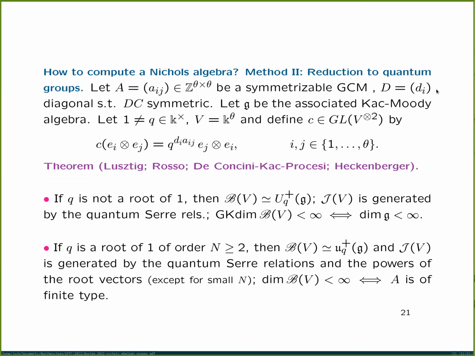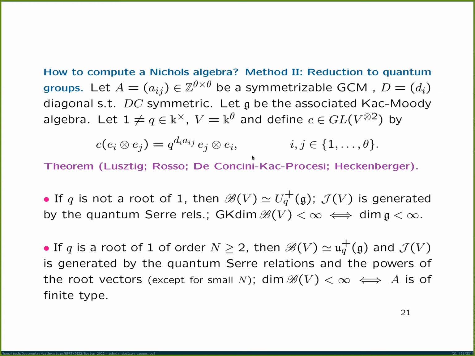And I take q, a scalar which is not 1. V is k to the theta, where theta is the size of the matrix. And I define c in GL(V tensor V) as follows: c of e_i tensor e_j is e_j tensor e_i multiplied by q to the power d_i a_ij.